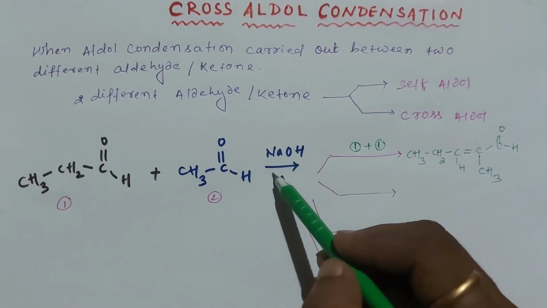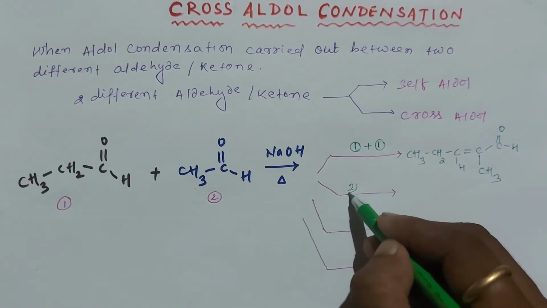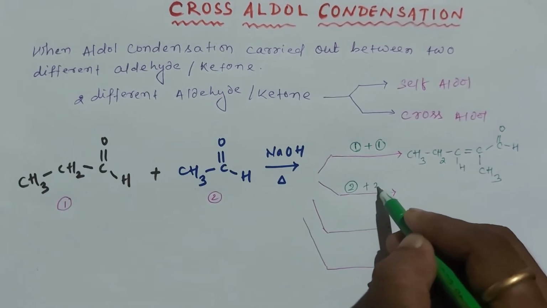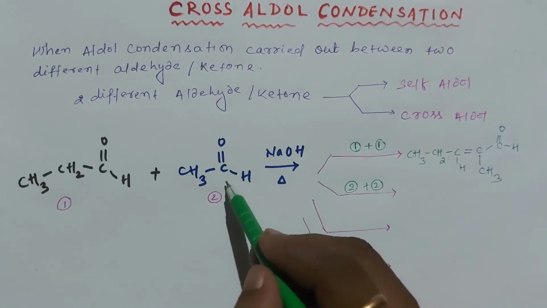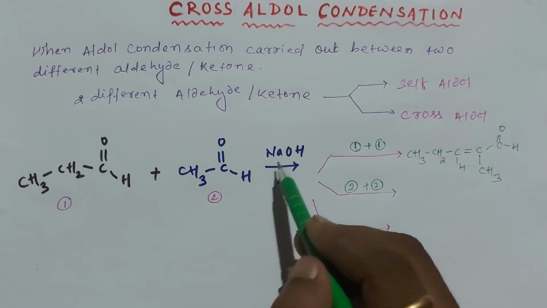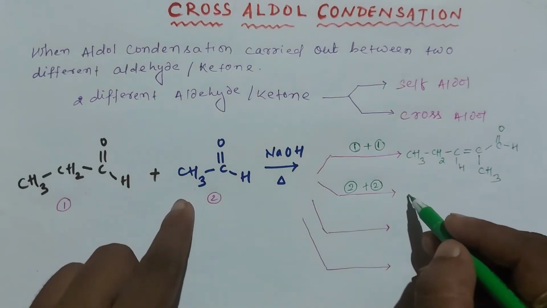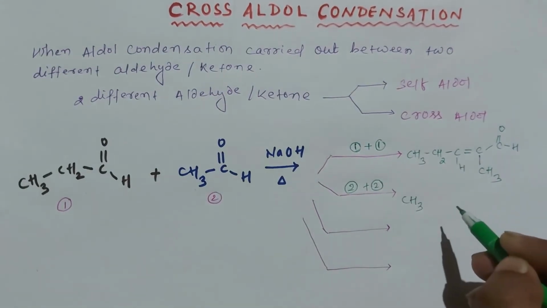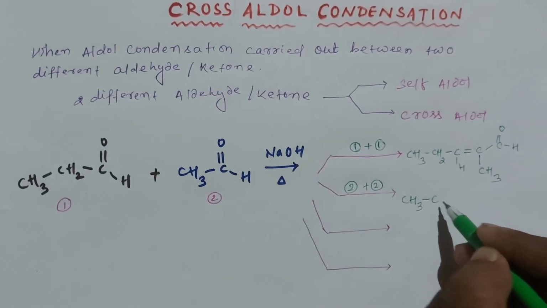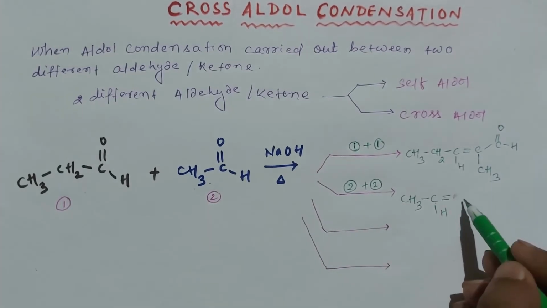Now the second condition: if the second type reacts with the second type, meaning two molecules of acetaldehyde react together. In basic condition it will form a product like this. Write CH3 here. The C double bond will attach to the carbon of the other molecule that has alpha hydrogen.